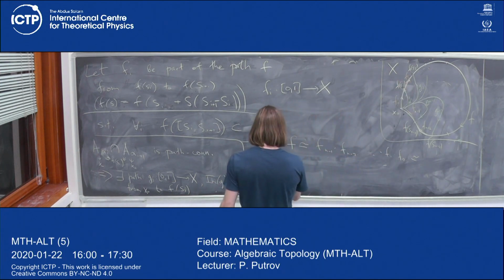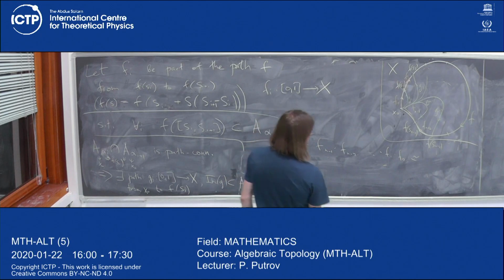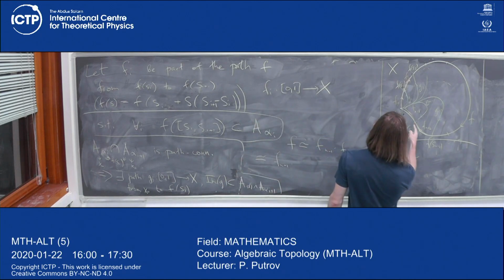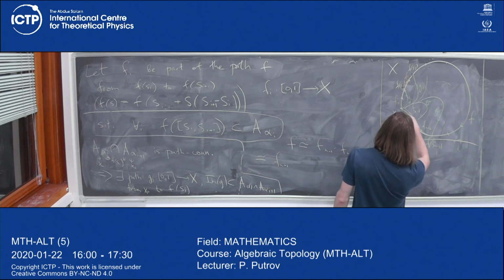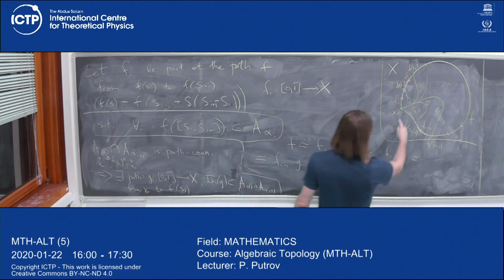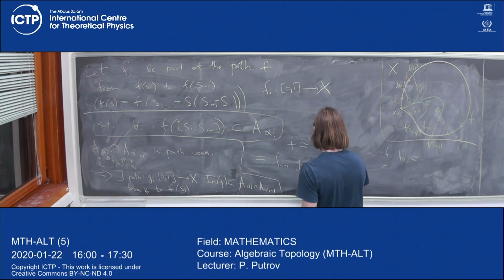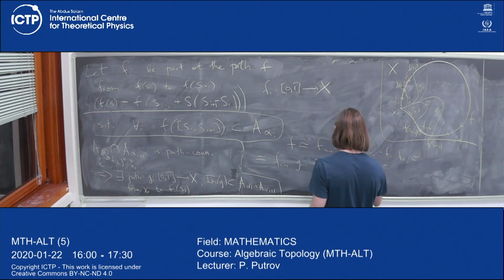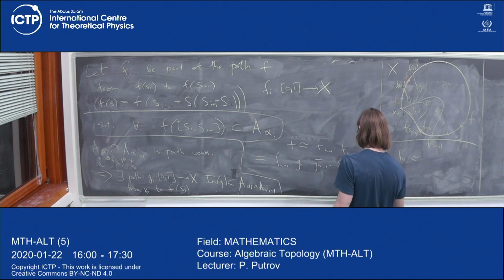So here I can set Gn minus 1 and Gn minus 1 bar, and Gn minus 2 bar.